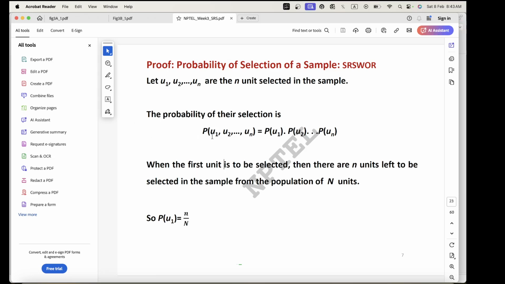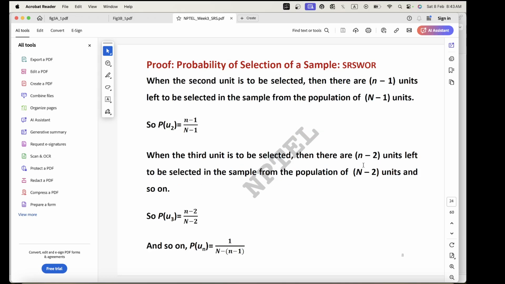First, for the first one, I am just selecting small n units. I could select any of the small n units out of capital N units. For the second trial, I am selecting n minus 1 out of capital N minus 1.